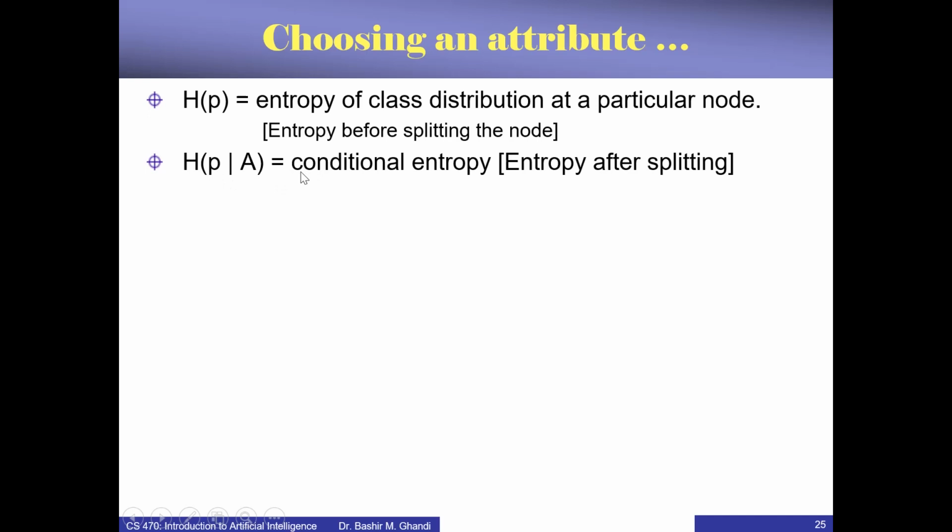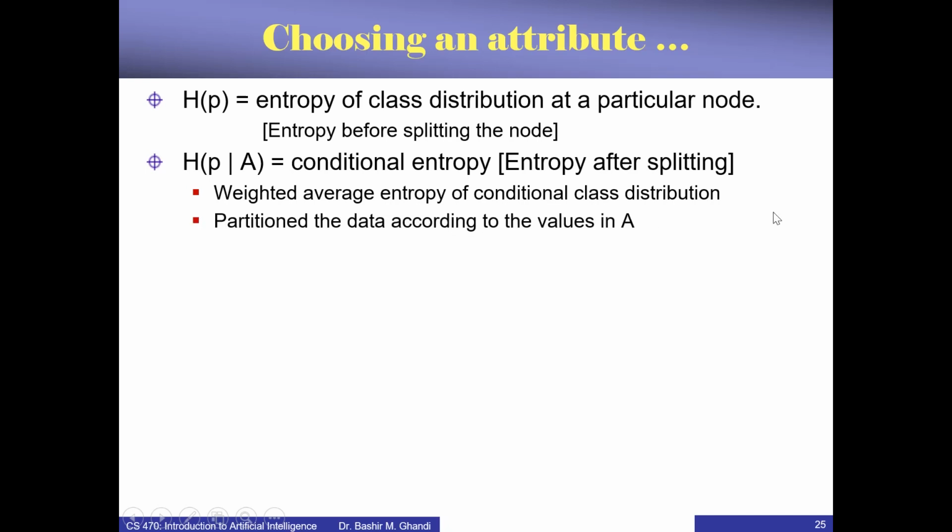So this is what we call conditional entropy. The entropy after splitting the data based on attribute A. This is normally computed by taking the weighted average entropy of the conditional class distribution based on the individual data values for that particular attribute.